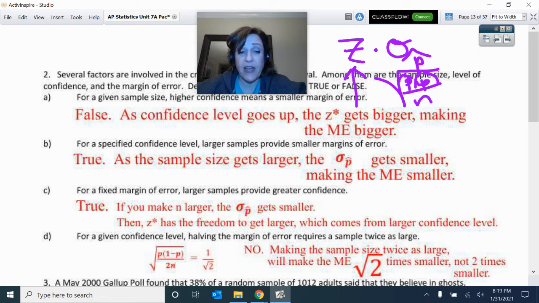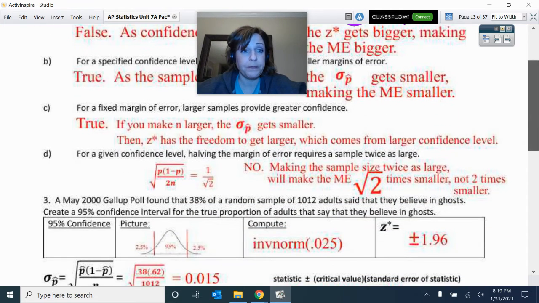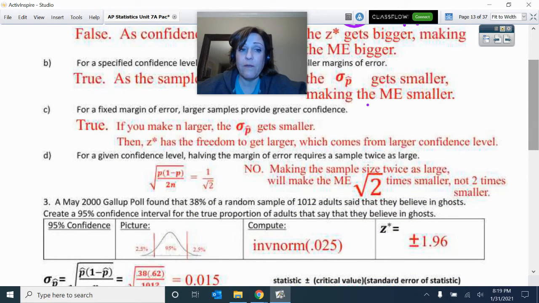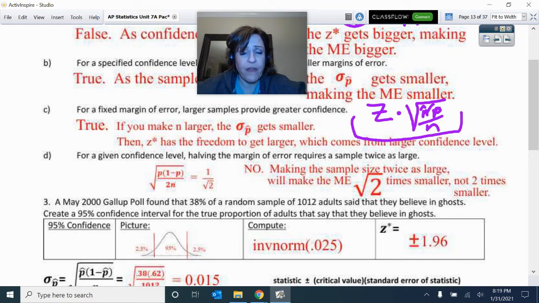B says for a specified z, if z is staying the same, a larger sample, as n goes up, yes, it'll make the standard error smaller. C says for a fixed margin of error, so if we're going to leave this product the same, a larger sample, so if this n gets larger, then it is making this standard deviation smaller.